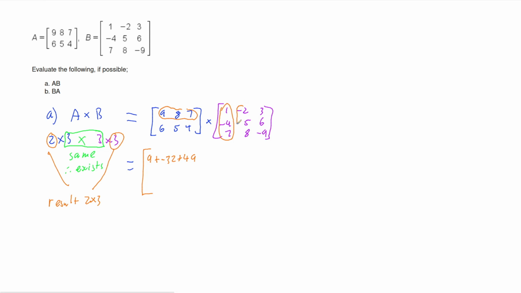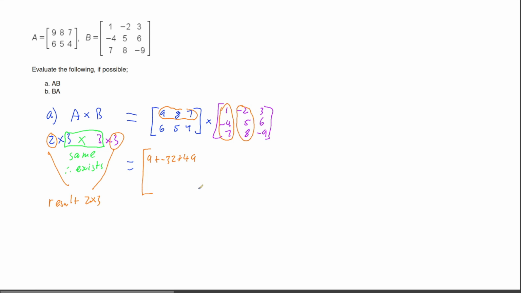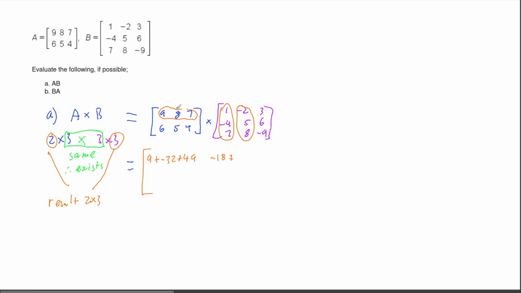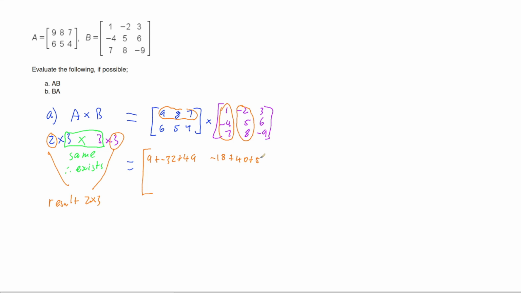We then move on to the second column, and we now do 9 times negative 2, which is negative 18. Add on 8 times 5, which is 40, and then add on 7 times 8, which is 56.